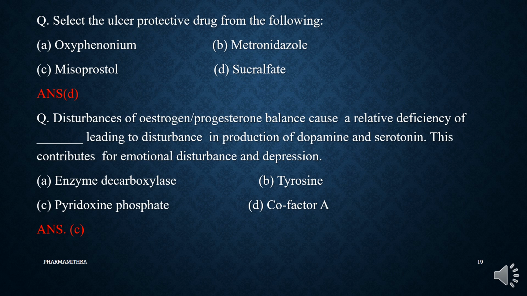Vitamin B6, that is pyridoxal phosphate, deficiency may result in disturbance in the production of dopamine and finally result in emotional disturbance and depression. So this vitamin B6 is essential for the production of progesterone, also regulates the mood, and deficiency results in anxiety. It is also needed for the production of dopamine and serotonin. So option C is the right answer.